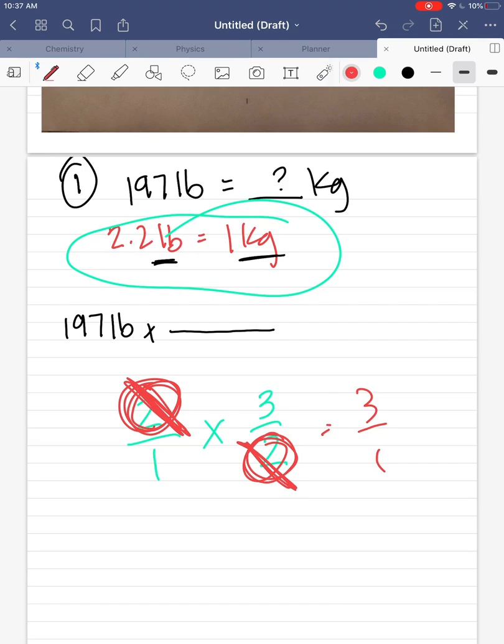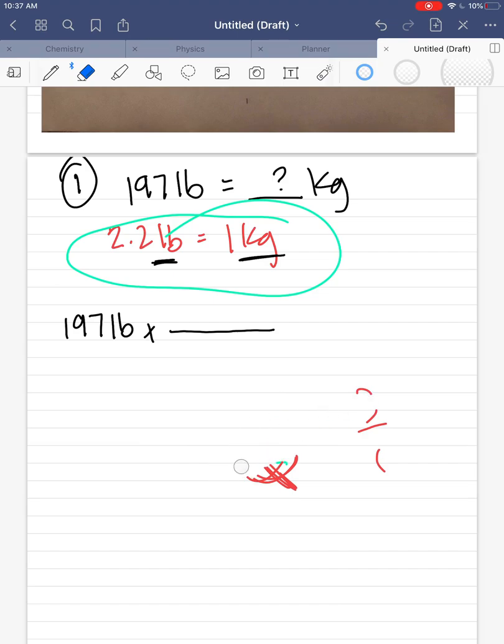This is the same idea we're going to use with the units. If you've got a unit on the top side of a fraction and the same unit on the bottom side, then they cancel. So basically, this is over 1.